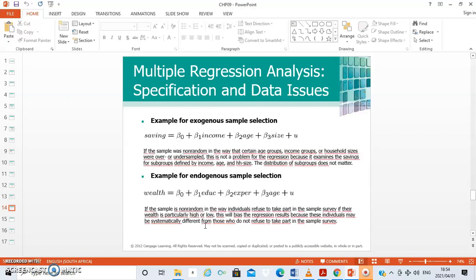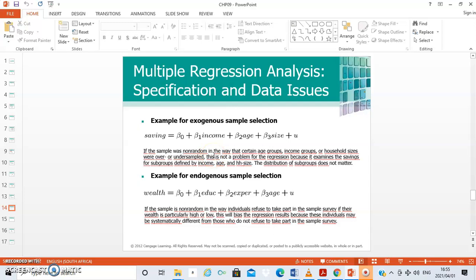And then we have an example here where we can differentiate between exogenous sample selection and endogenous sample selection. For example, with savings, income, age, and size, if we have such a function where we are saying saving is a function of income, age, and size. If the sample was non-random, it's not random.